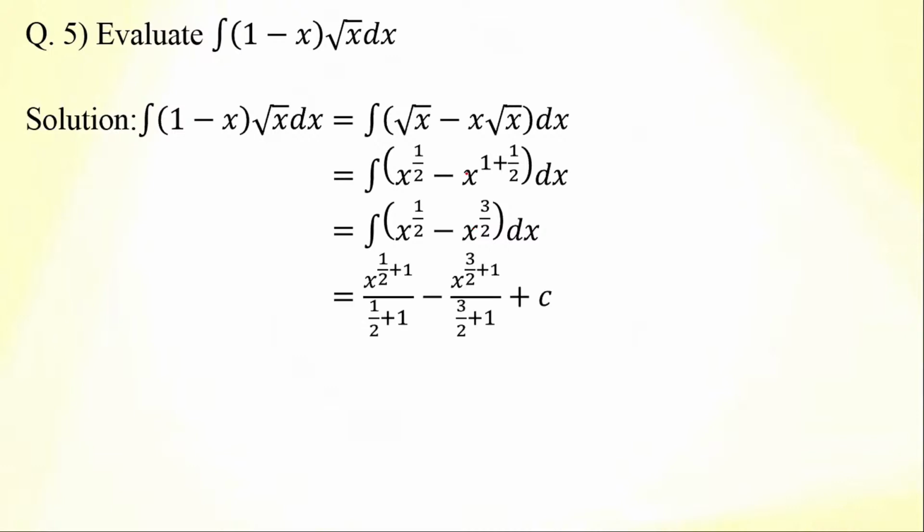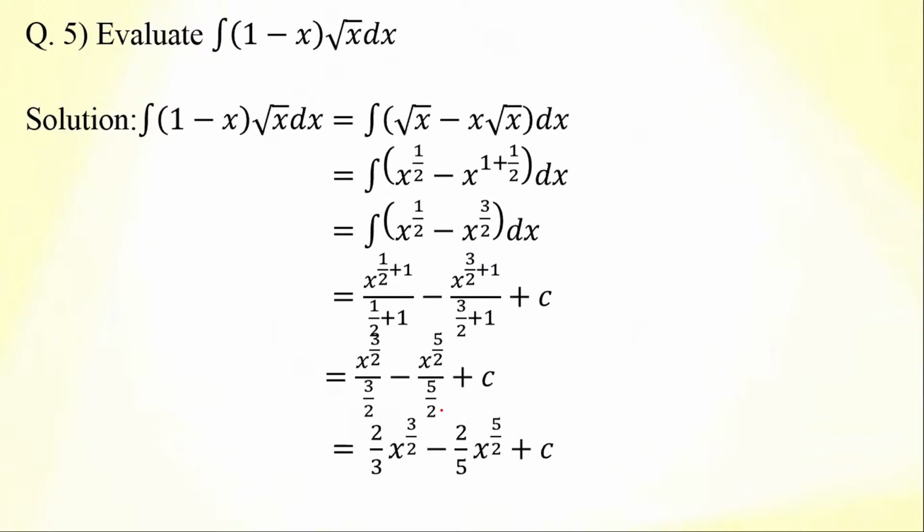When you integrate them, it becomes x to the power 1 by 2 plus 1 divided by the same exponent, minus x to the power 3 by 2 plus 1 divided by 3 by 2 plus 1, plus c. Simplify these powers, you'll get x to the power 3 by 2 divided by 3 by 2 minus x to the power 5 by 2 divided by 5 by 2 plus c. Simplify this like this and give your final answer in the simplest form.